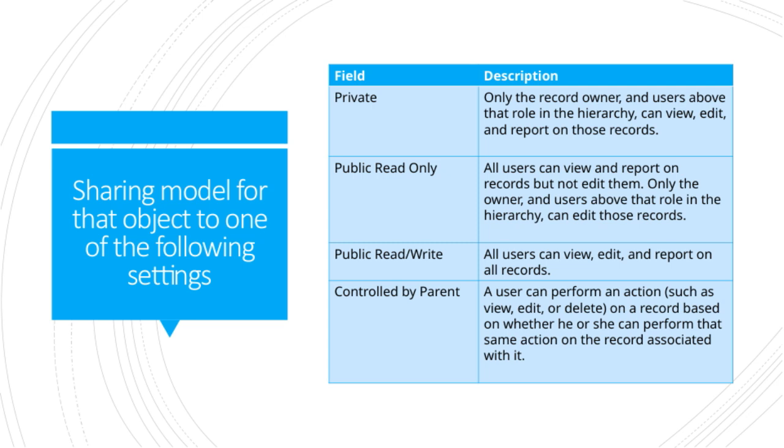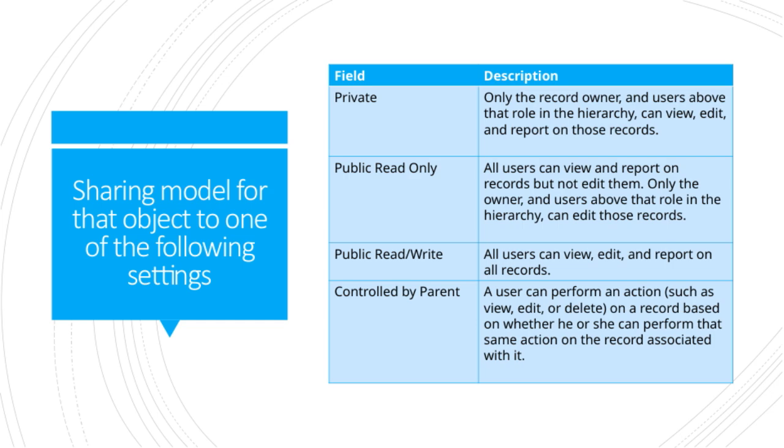Moving on, we have the public read-write setting. This is the most open model, where all users can view, edit, and report on all records. It encourages collaboration, but also requires careful management of permissions. Finally, there's the controlled by parent option. With this, a user's ability to view, edit, or delete a record depends on whether they can perform those same actions on the parent record.